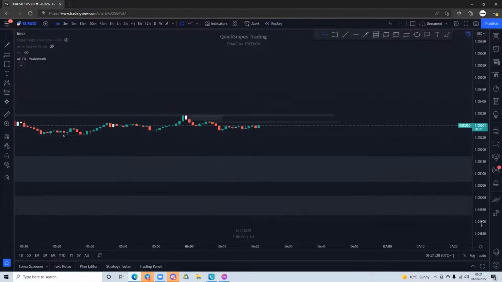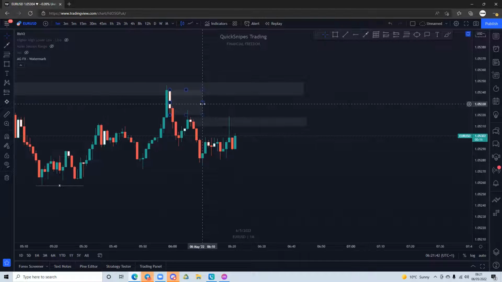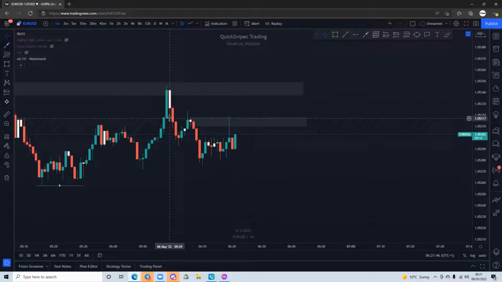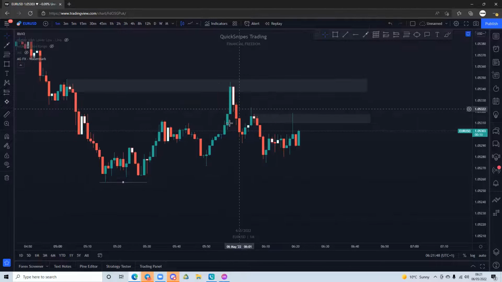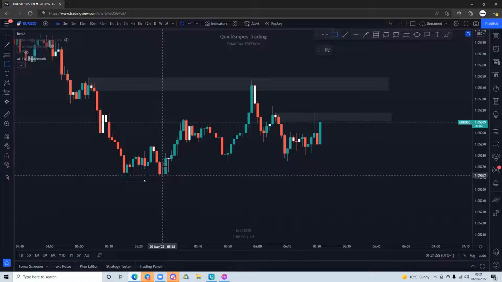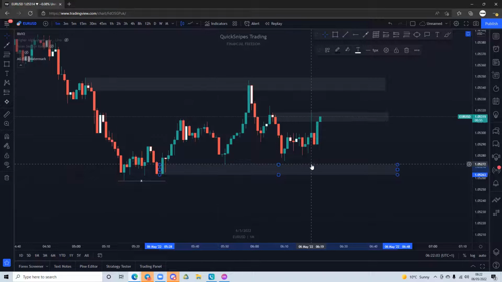So back to 1 minute, what are we looking at? As I said, we have this zone over here, but I don't think this is necessarily mitigated. I feel like we're mainly reacting off of demand, so it could be that we have this zone in here, and then we reacted there, and we're looking to react there.